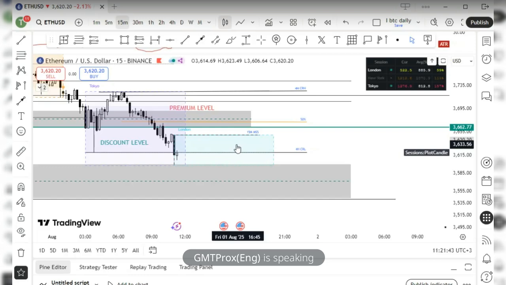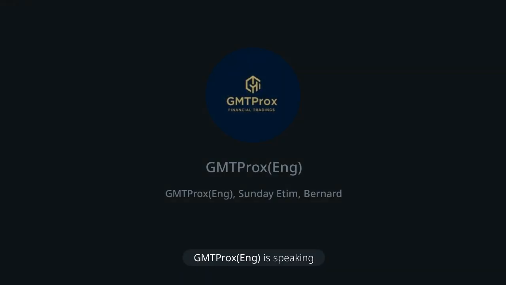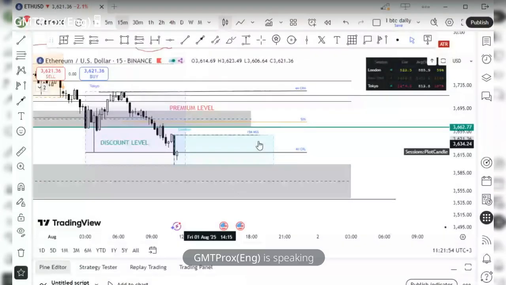That order block or fair value gap has to be within our discount level.